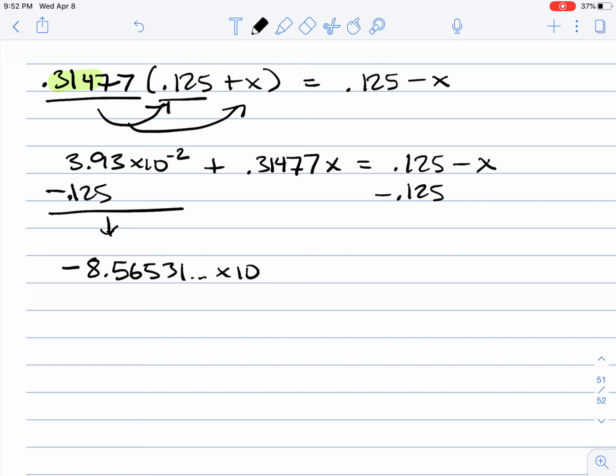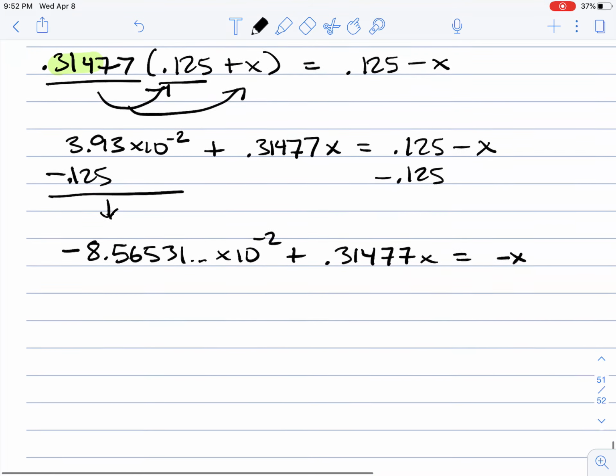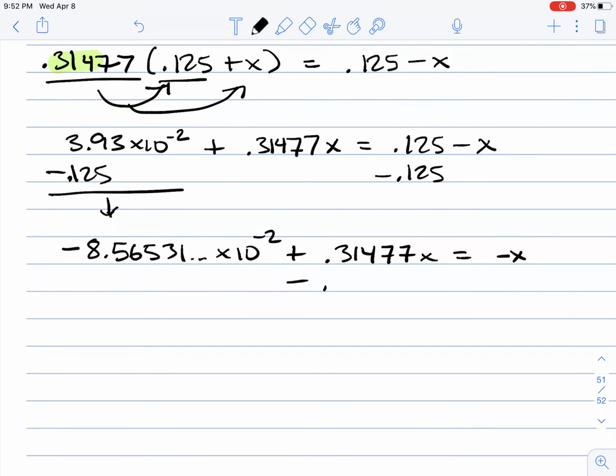There's a whole bunch of numbers. Times 10 to the negative 2 plus 0.31477 x, which equals negative x. So I'm going to subtract 0.31477 x to the other side.